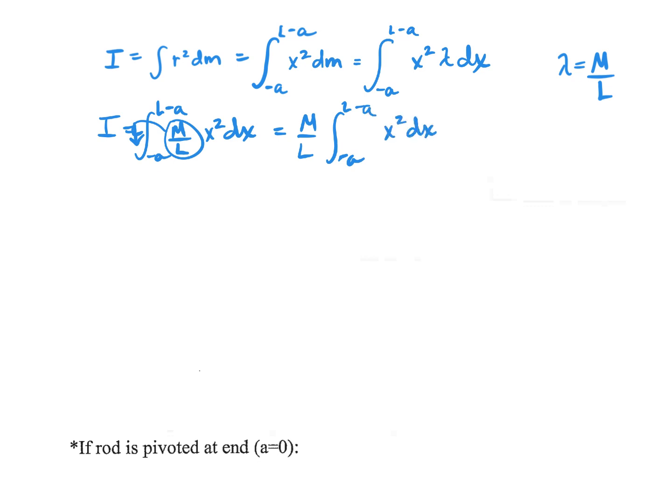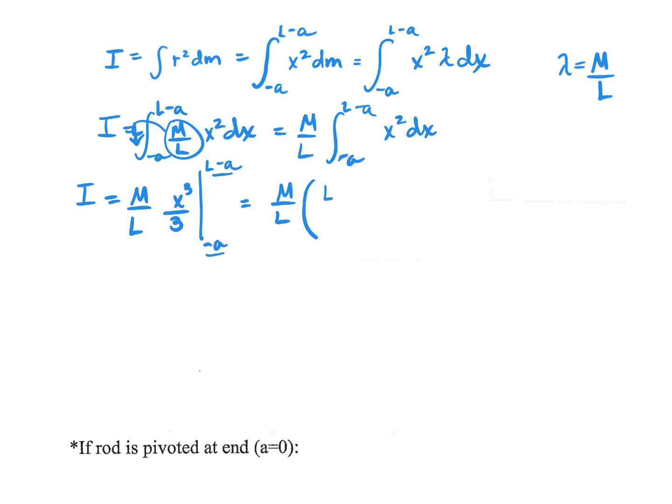So let's do that. X squared becomes what? X cubed over 3. And we're going from negative A to L minus A. Okay? So that is going to be m over L times the entirety. This whole thing is the inertia. First condition minus the second condition, right?